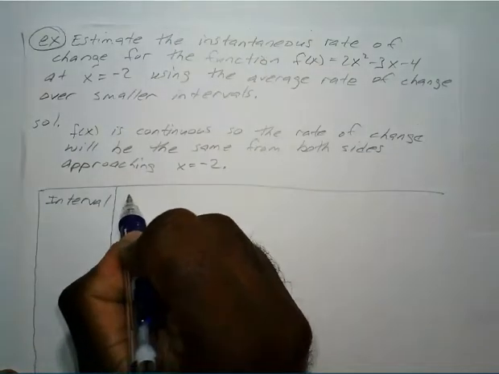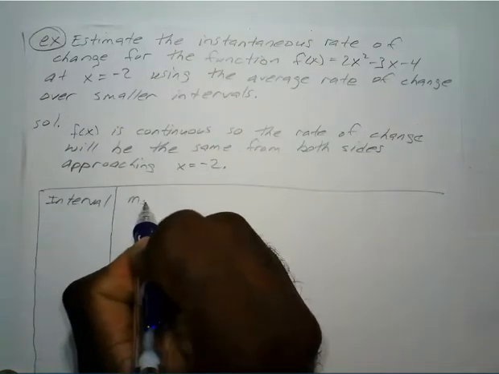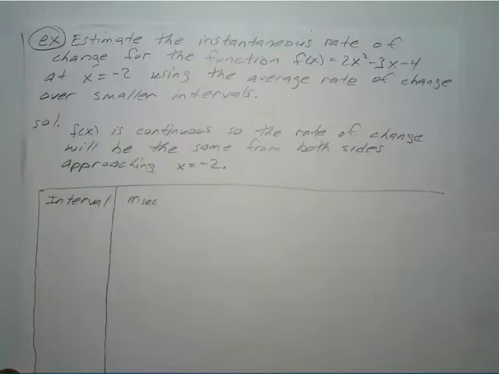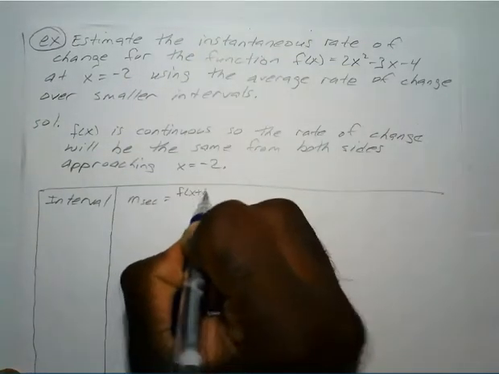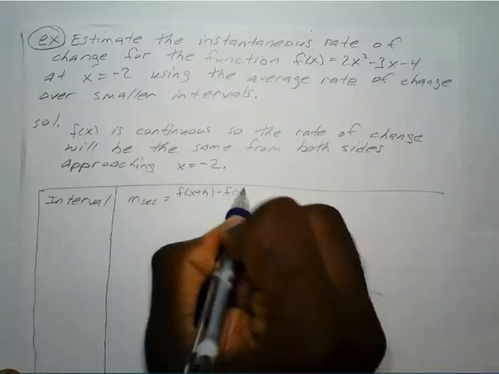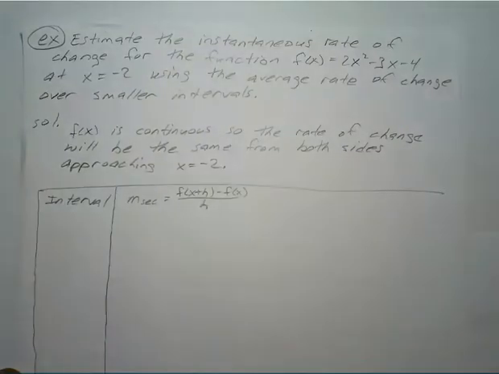Then we're going to look at our rate of change formula, which is f of x plus h minus f of x all over h. And that's going to help us find the instantaneous rate of change.